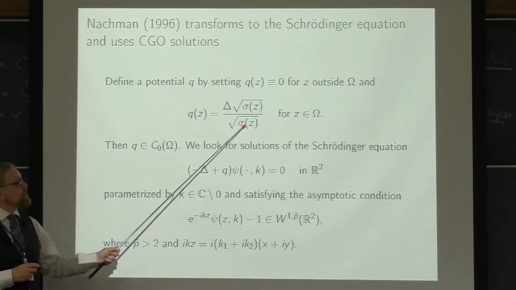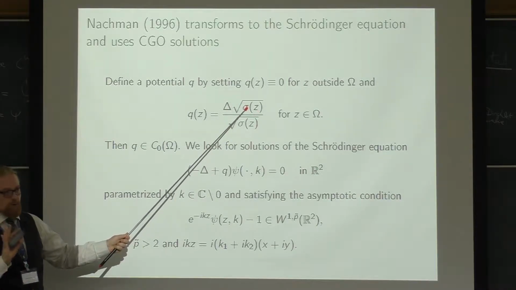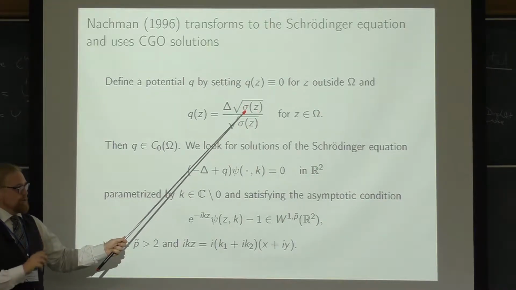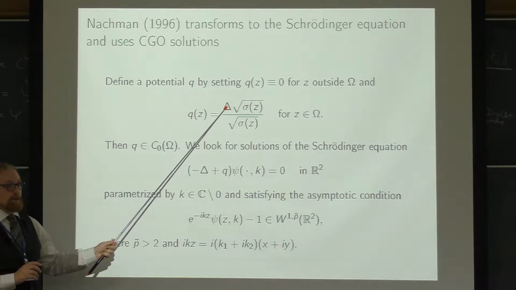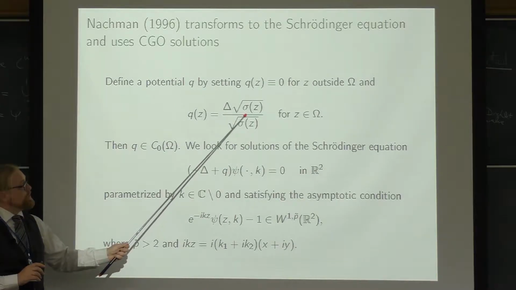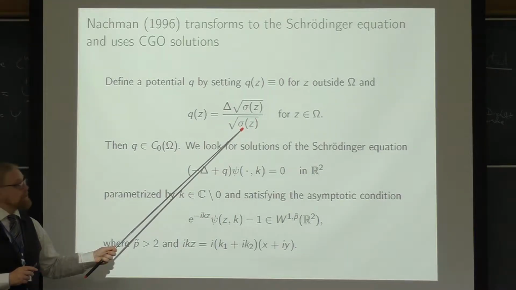Actually we have to assume two continuous derivatives in sigma, or Nachman assumed two weak derivatives, but let's assume two continuous derivatives in sigma to allow for this Laplace, and assume that sigma is bounded away from 0 so that we don't divide by 0.